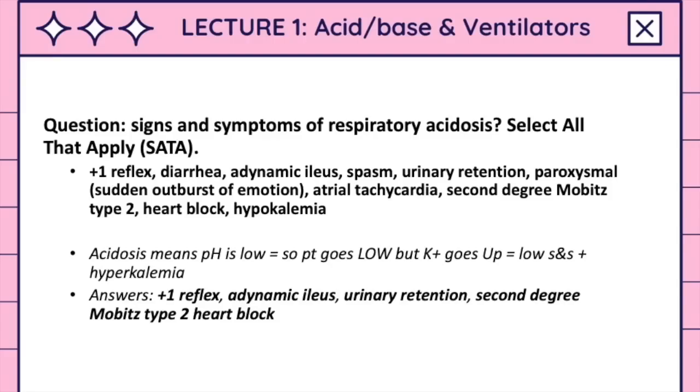Okay, we have some knowledge, but we have to be able to apply it. Remember, you can't apply what you do not know, but what you know, you have to be able to apply. This says, your patient has respiratory acidosis. Select all that apply. +1 reflexes. Diarrhea. Adynamic ileus.